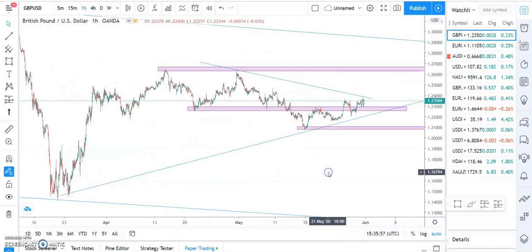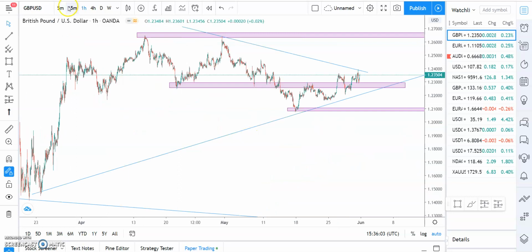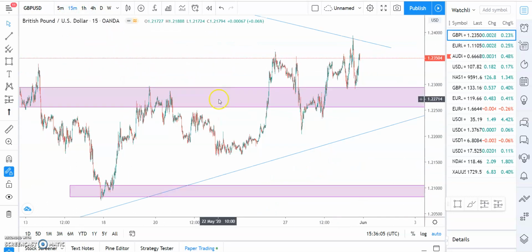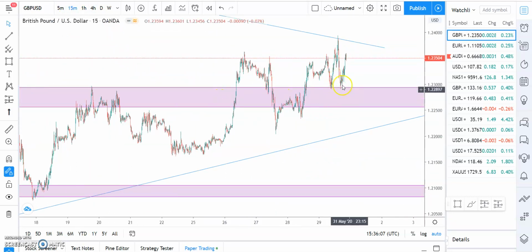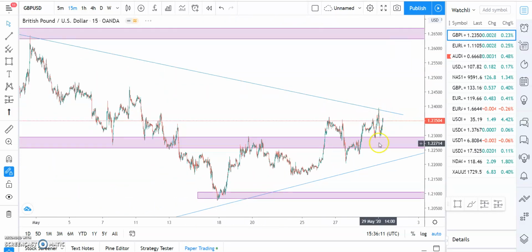So right now, as you can see, we're in a situation where, let me move on to my 50-minute time frame so that you can clearly see, price tested this zone twice and then went up, so we could have actually bought here and then had this on our side.